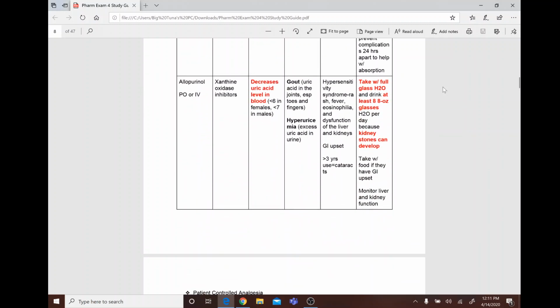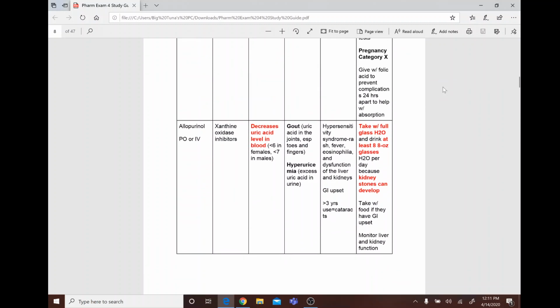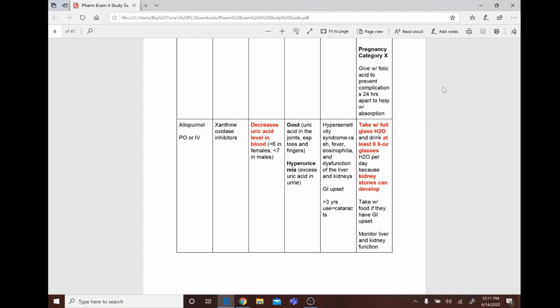All right, allopurinol. How do we administer allopurinol? PO or IV. What is the therapeutic class of allopurinol? Xanthine oxidase inhibitors. What is the action of allopurinol?